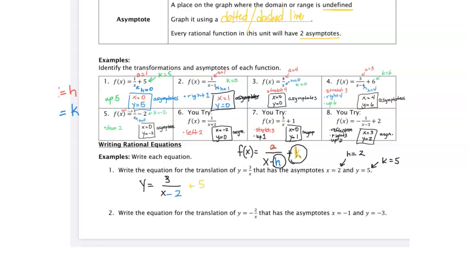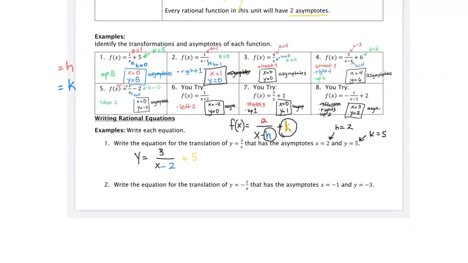And that's our equation. For number 2, it says write the equation for the translation of y equals -2 over x that has asymptotes of x equals -1 and y equals -3. So remember that this is our h value, so this is really telling us that h is -1. And we have our k value.